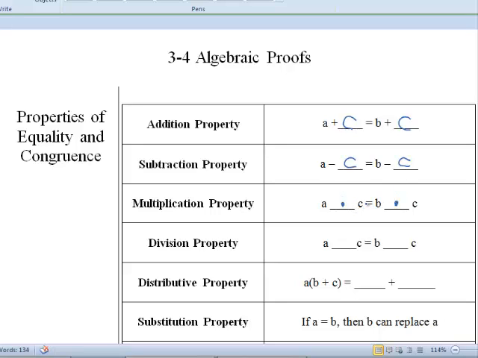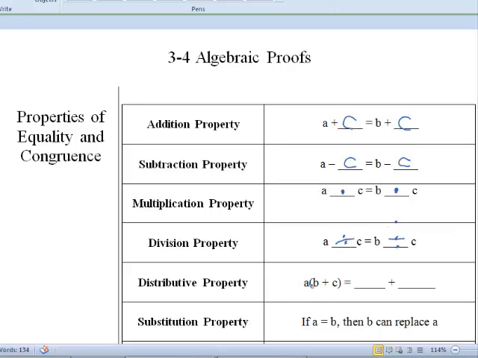I would just multiply, and c here is a constant. That's why we're saying c. I'm just going to multiply or add or subtract or divide here the exact same thing. So divide, the division property, and then a divided by c is the exact same thing as b divided by c. And again, you've already seen this. This just comes into play whenever we actually prove what we're doing.